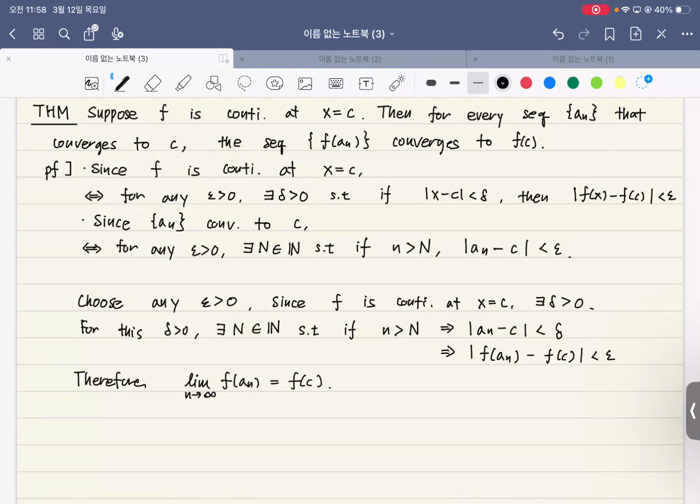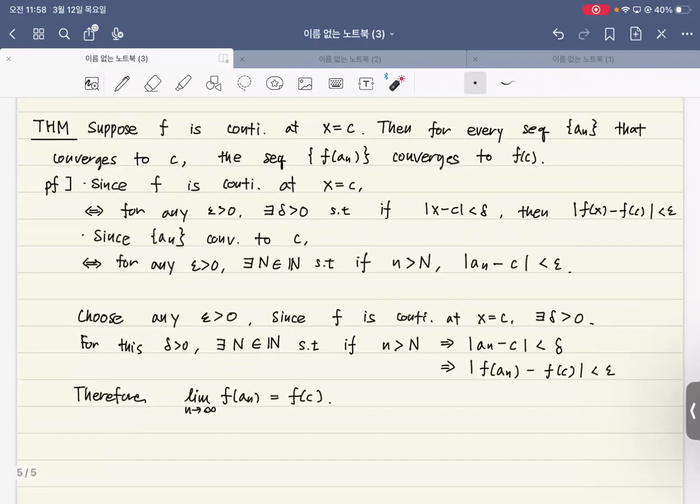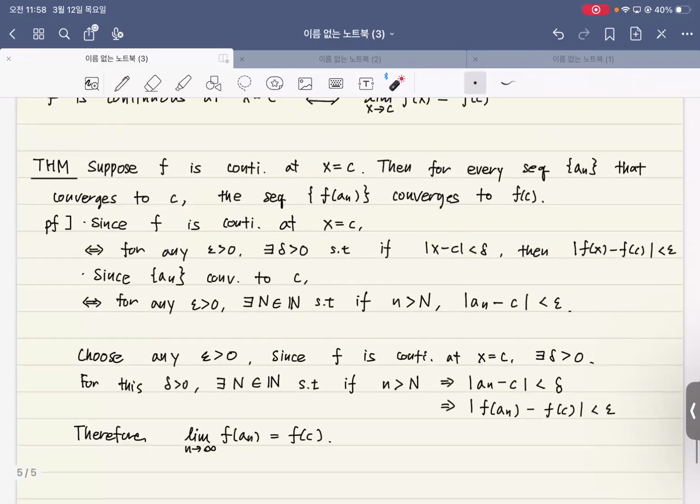Okay, well, I would like to rephrase the theorem like this. If your function is continuous at the point, then your function is respecting the notion of the convergence of the sequence.